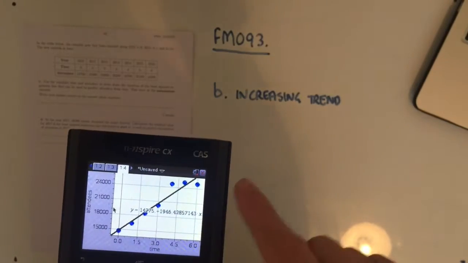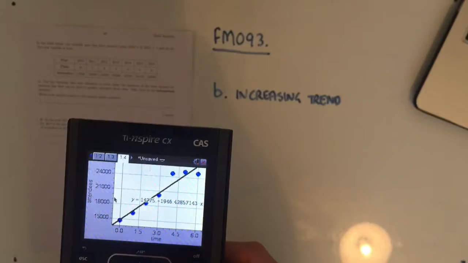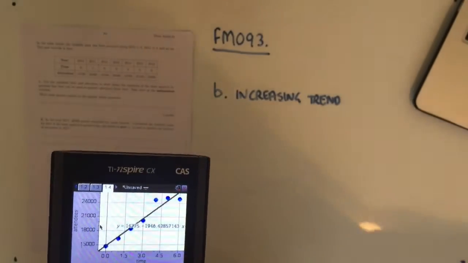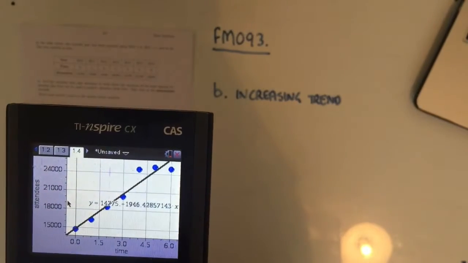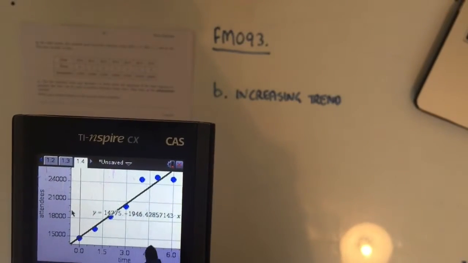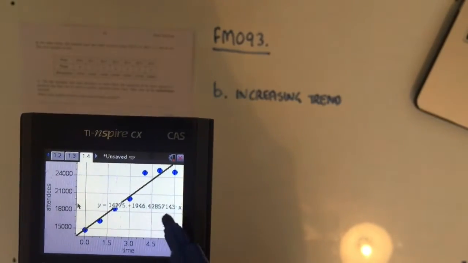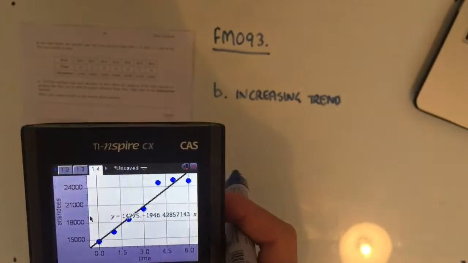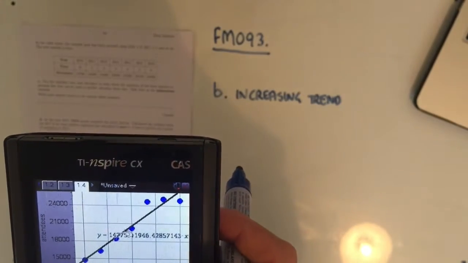So what have I got here? I've got y equals 14,775 plus 1,946 point something times x. The decimal is 0.4 so it's going to round down, giving 1,946.